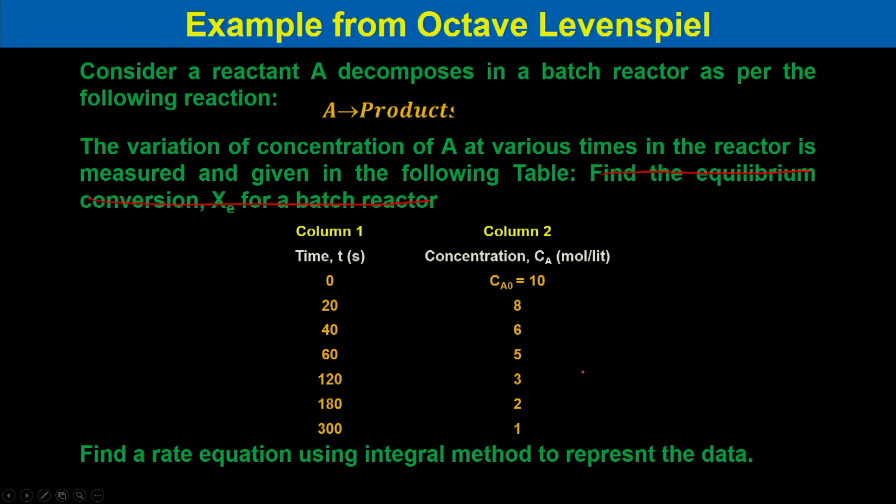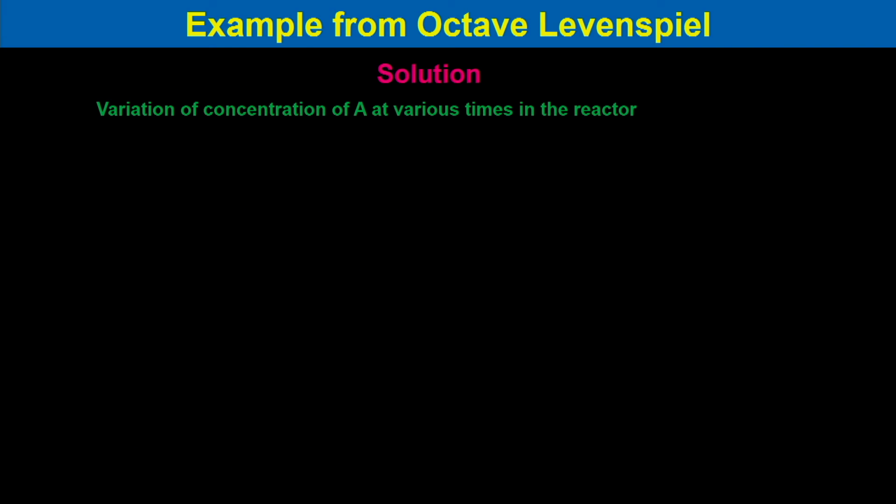In column 1 we have time, and at different times the concentration of component A. We need to find a rate equation using the integral method to represent the data. This is an example which is taken directly from Levenspiel.